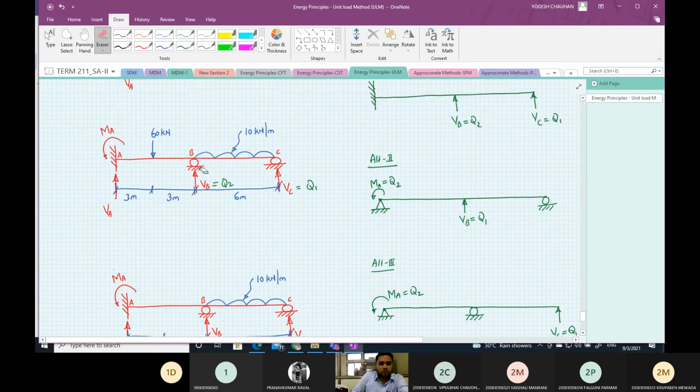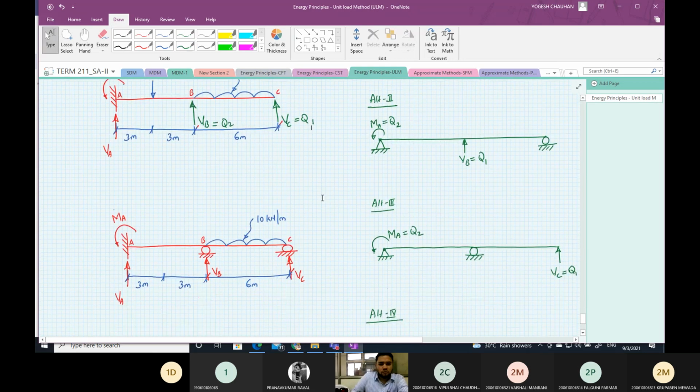When you choose the redundant, the supports will be removed. You apply unit load here. Okay, so this will give you M1. This will give you capital M.